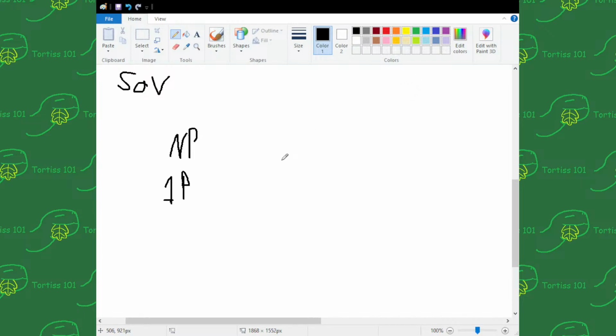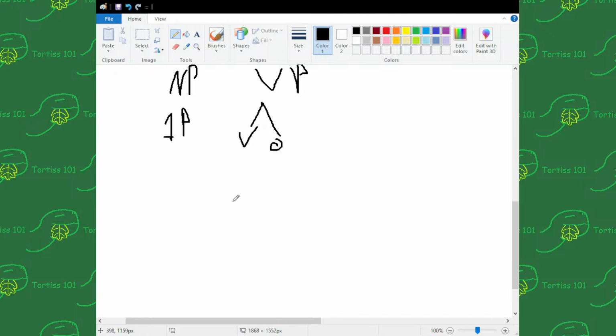Then our verb phrase, which is the OV, or our verb phrase, which breaks down to the verb and the object, which is the object first, then which is soap.